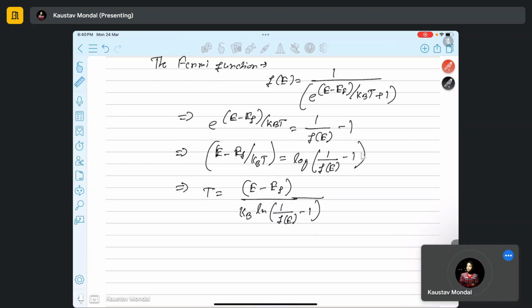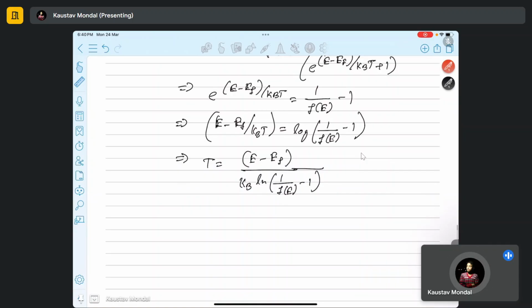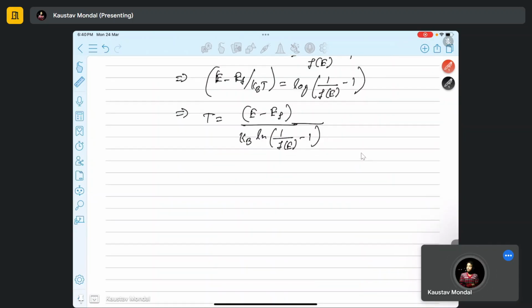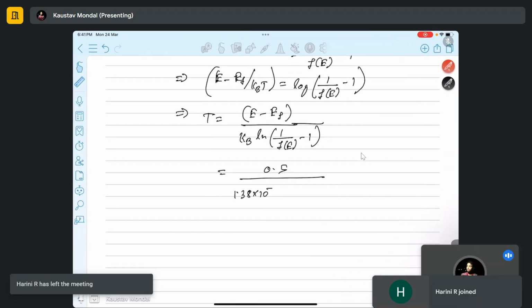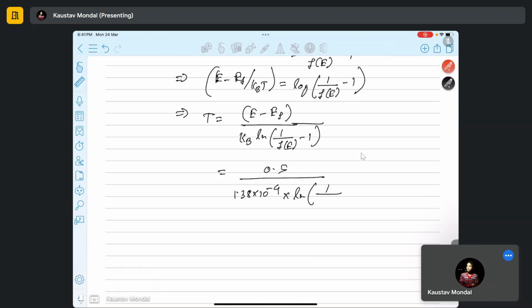So now, as we have done the simplification, we just have to substitute all the values. Right here, F(E) is 0.01. So this gives you 0.5 over kB, which we already know is 1.38 into 10 to the power minus 4, into log of 1 by 0.01 minus 1.